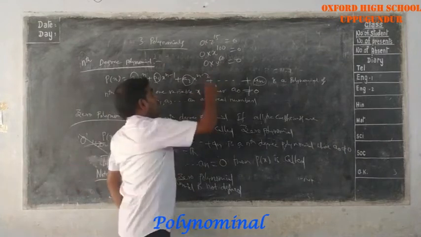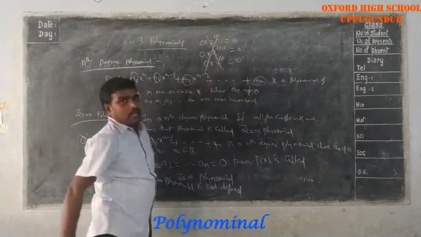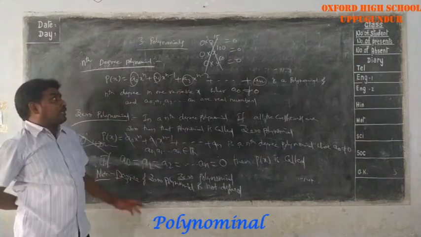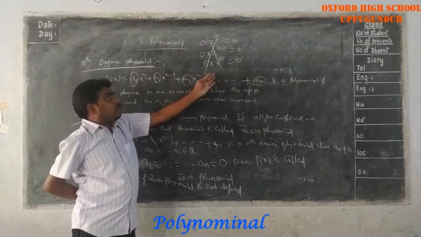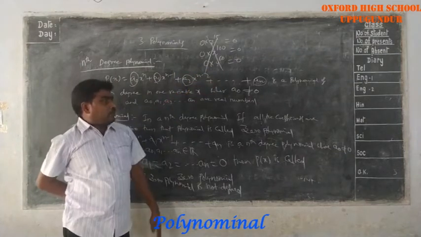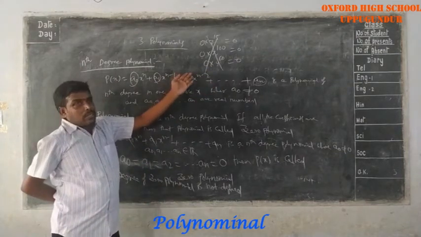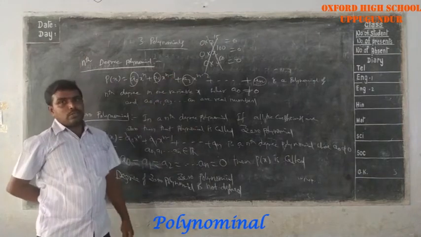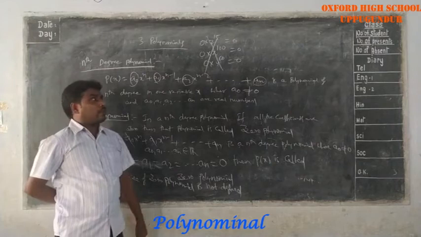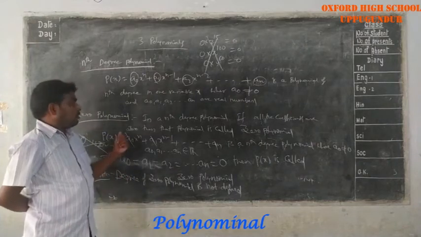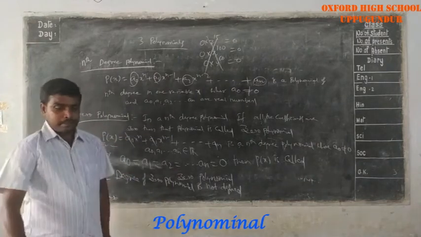So we can't say exactly which is the degree of 0 polynomial. We will get different degrees because 0 into any variable power is 0. That's why we can't say exactly which is the degree of 0. That's why degree of 0 polynomial is not defined. So this is about 0 polynomial.